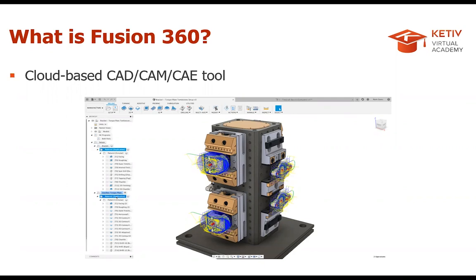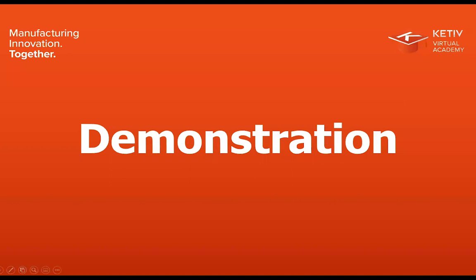That's a mature CAM tool in itself that was purchased by Autodesk to put into Fusion 360. And then Nastran, the simulation validation tool, is put into the computer-aided engineering, or CAE, backbone of Fusion as well. So that's a quick overview of what Fusion is. There's more to it as well, but those are just some high-level elevator pitch ways to describe Fusion 360. So let's go ahead and dive into the software itself.